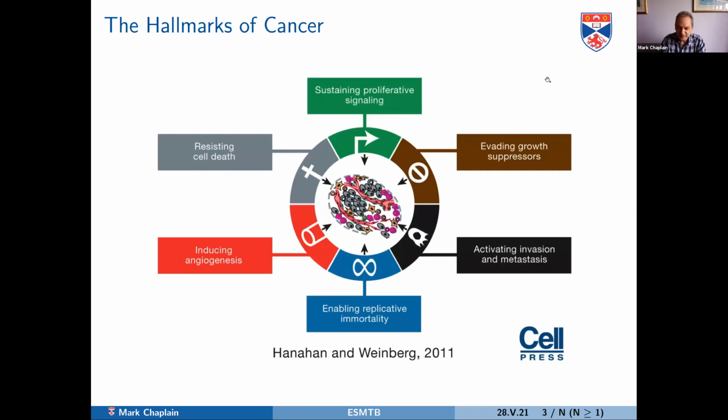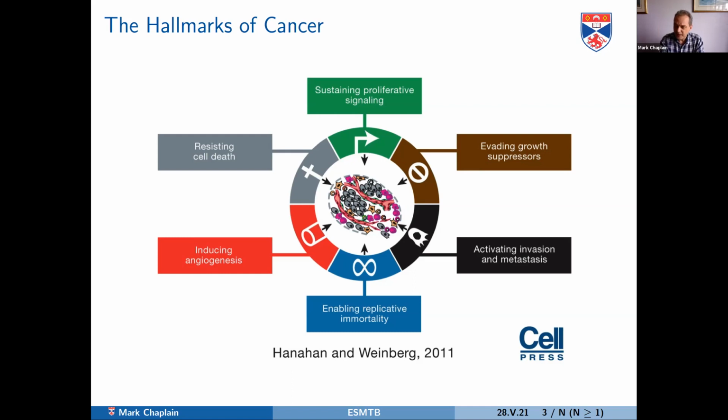So about 20 years ago, there was a famous paper published by two people, Hanahan and Weinberg, called The Hallmarks of Cancer. It's now had tens of thousands of citations, and anybody who works in the field, either experimental oncology or modeling, knows this paper simply as Hanahan and Weinberg. If you talk about Hanahan and Weinberg, everybody knows what paper you are talking about.